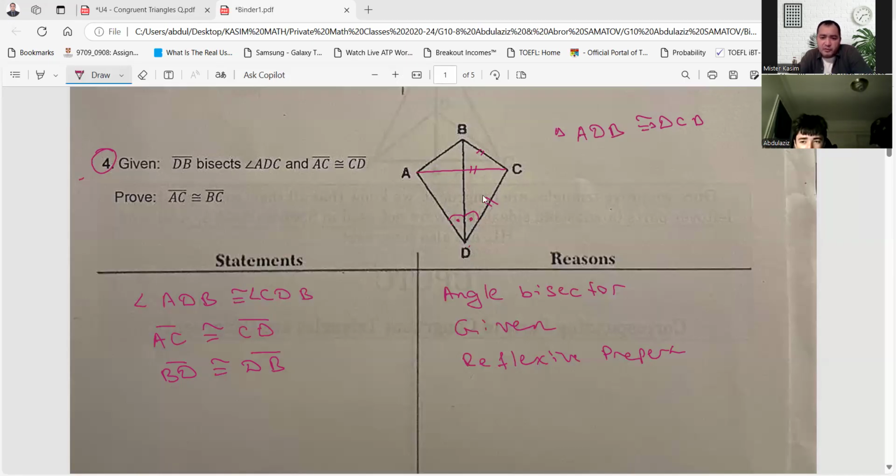But we don't have such a thing here. And also the figure is not drawn to scale. That's why it's confusing. BC doesn't look congruent to AC. Do you think they're equal, BC and AC? They're not equal. I feel this question is wrong, but if it is wrong, I will prove that it's wrong.